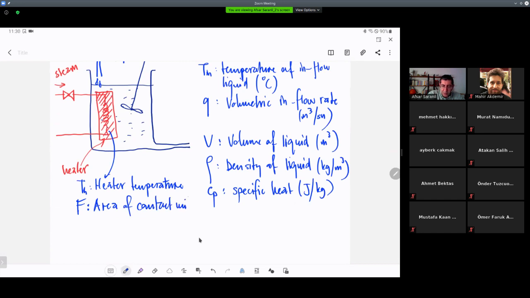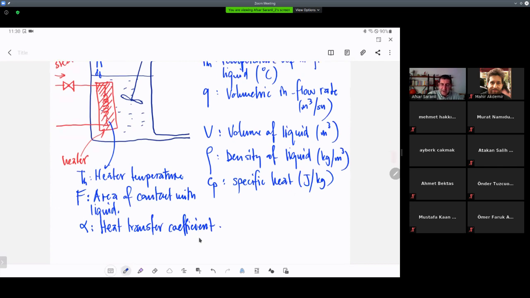Obviously, the larger the area, the more energy will be transferred to the liquid. And also the nature of the contact. How is this interface? The material of the interface determines the heat transfer coefficient. It's like a resistance between the heater and the liquid.